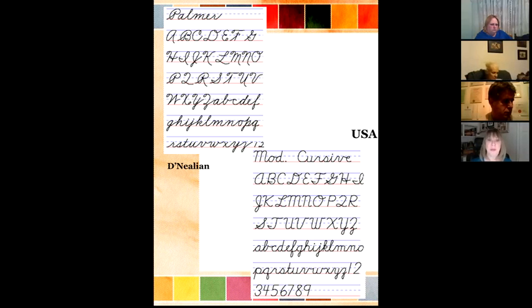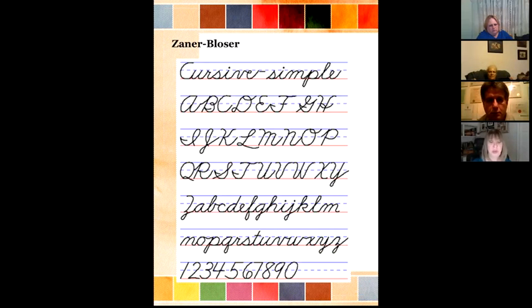So these are just some copybooks that were used. The Palmer was used when many of us were growing up in this country. And now they often use the Danielian, which is a simplified form. There's also the Zaner-Bloser, and these are all still in existence, still being used.